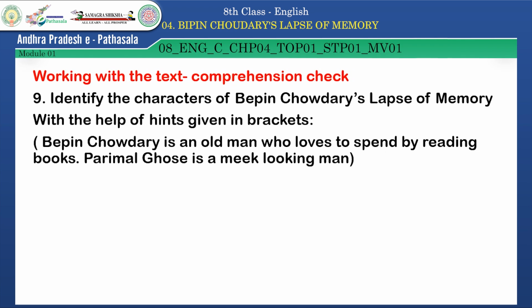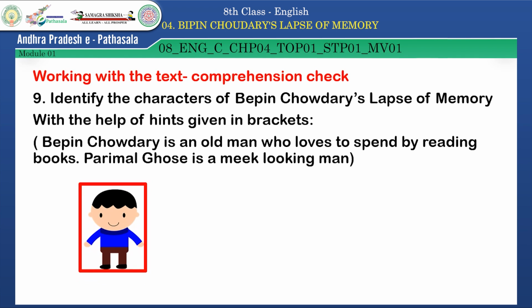Identify the characters of Bipin Choudhury's Lapse of Memory with the help of hints given in the brackets. Bipin Choudhury is an old man who loves to spend time reading books. Parimal Ghosh is a meek looking man. These are the clues given. Picture 1.